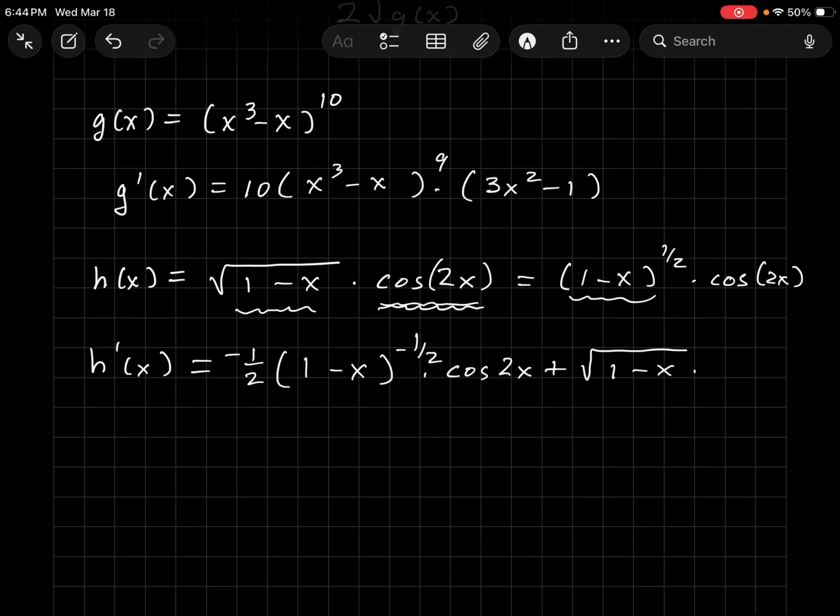Well, notice here I have an outer function cosine of something, and an inner function 2x, which says we're going to take the derivative of the outer function, negative sine, leaving the inside part alone, I left space on purpose, times the derivative of this inner function, which is 2, and I'll put it up front.